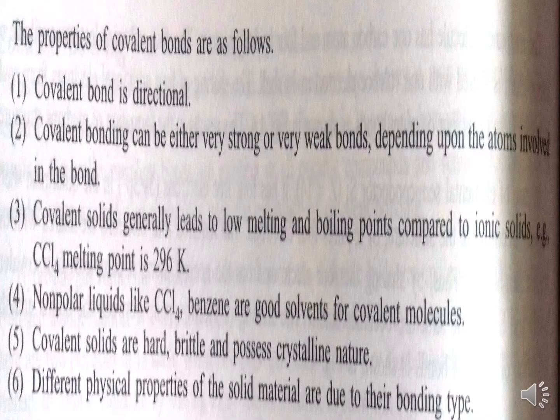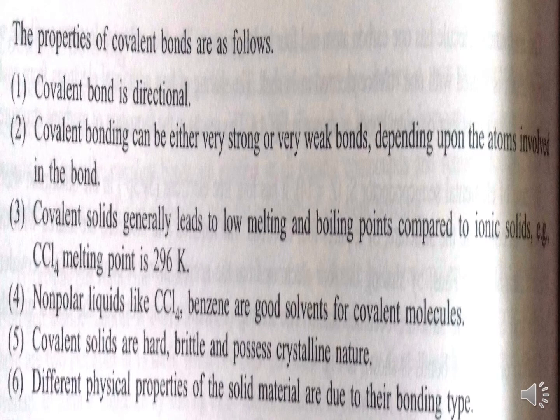Covalent bond compounds have the following properties. Covalent bond is directional. Covalent bonding can be either very strong or very weak depending upon the atoms involved in the bond. Covalent bond solids generally have low melting and boiling points compared to ionic solids. Example, CCl4 melting point is 296 Kelvin.